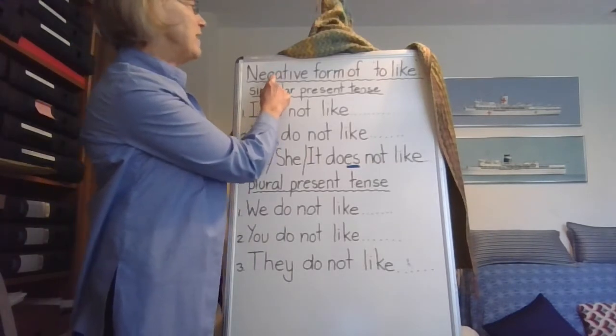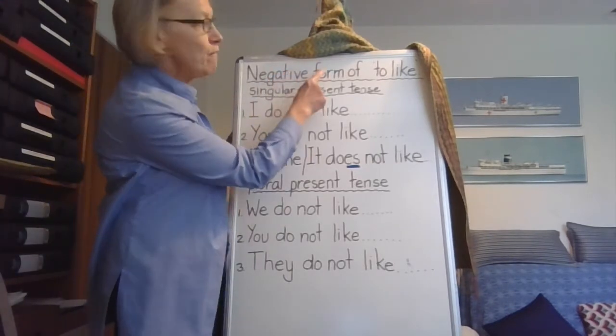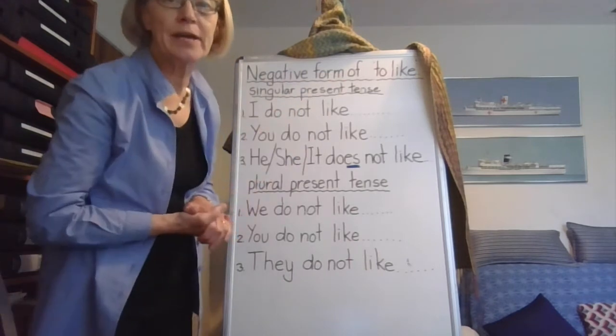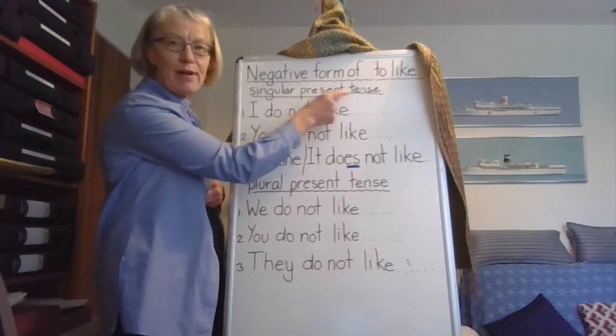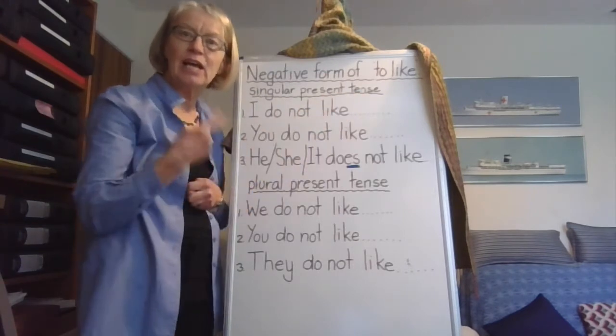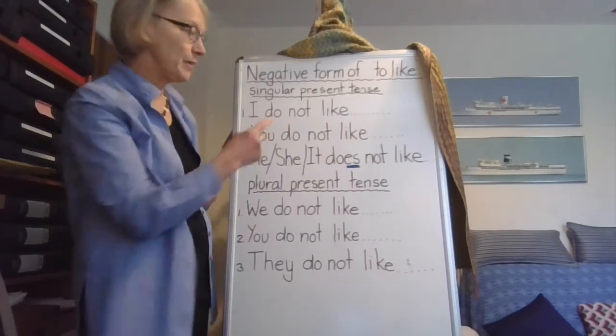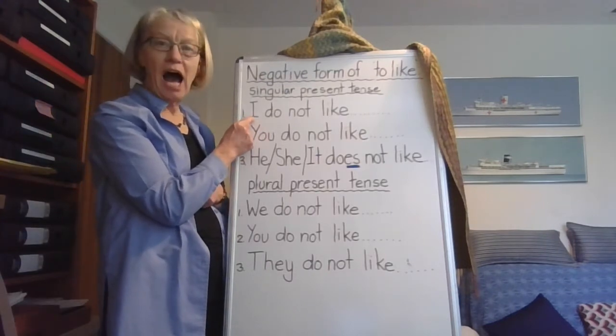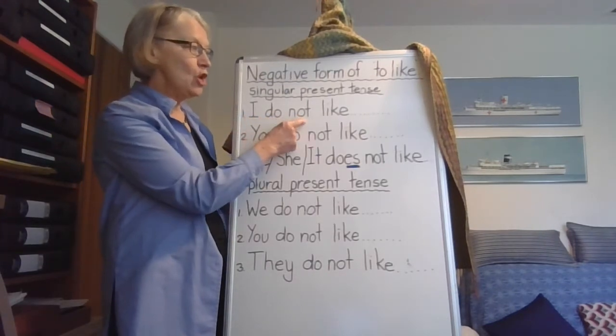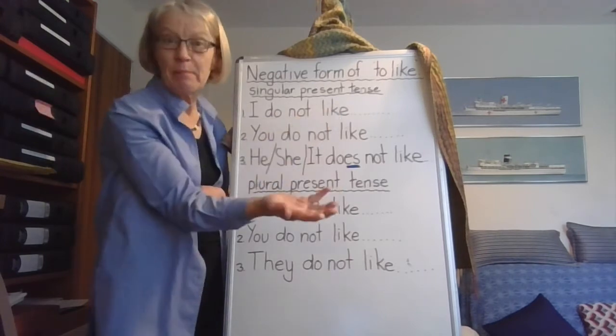So we're going to look at the negative form of to like. First of all, we'll look at the singular present tense. Singular just means one person. The first person singular, I do not like pasta.